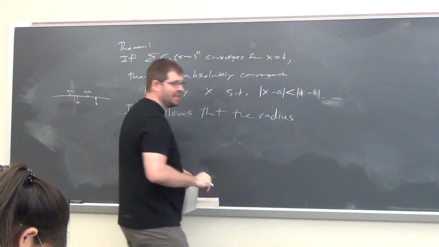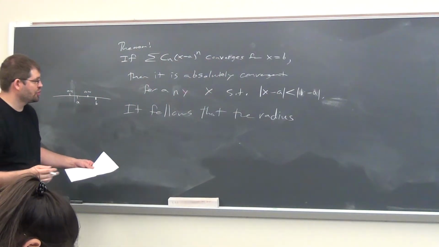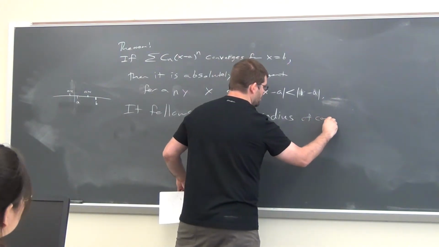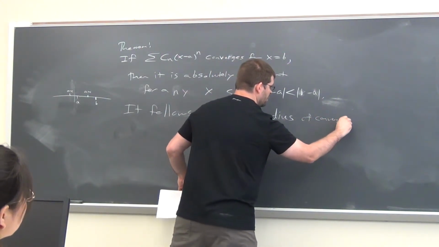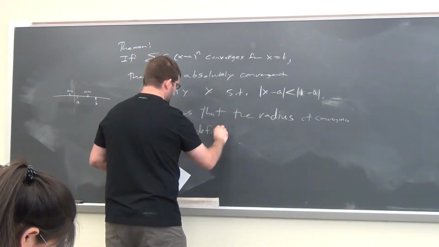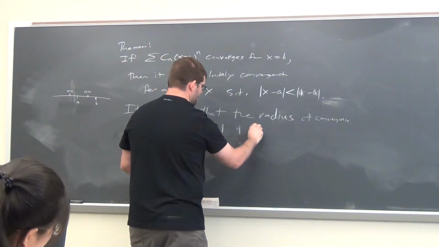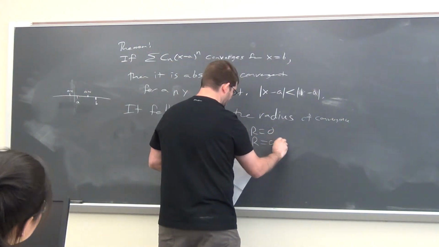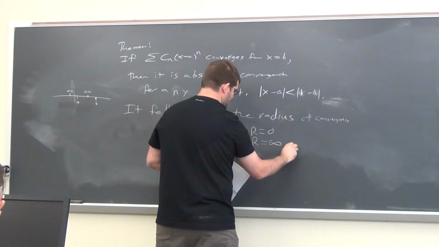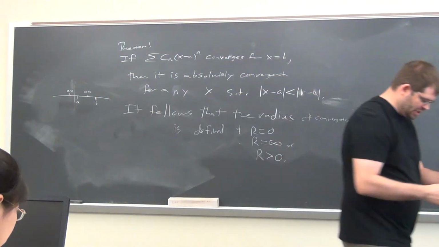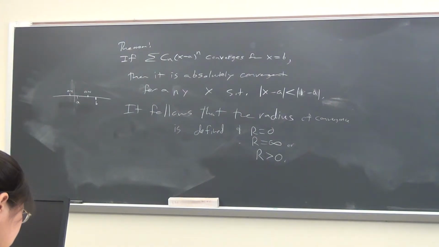This theorem basically says that this idea of a radius of convergence is well defined, and that r is 0, r equals infinity, or r is some number greater than 0. Essentially it's saying all three of those cases we've seen can happen.